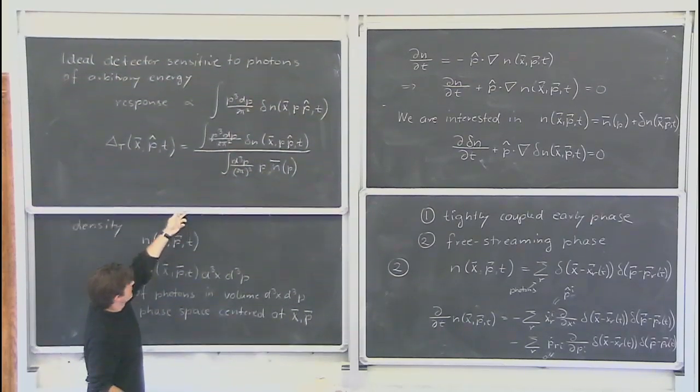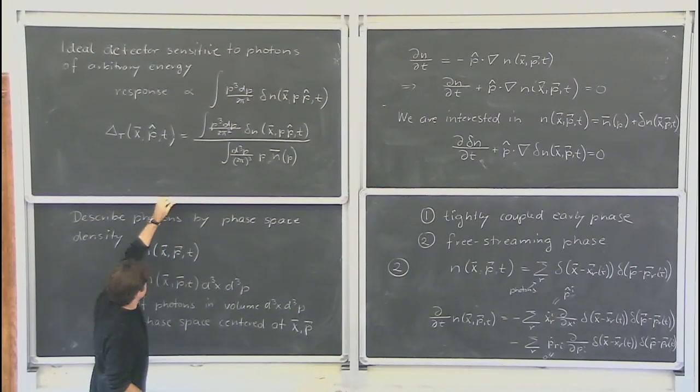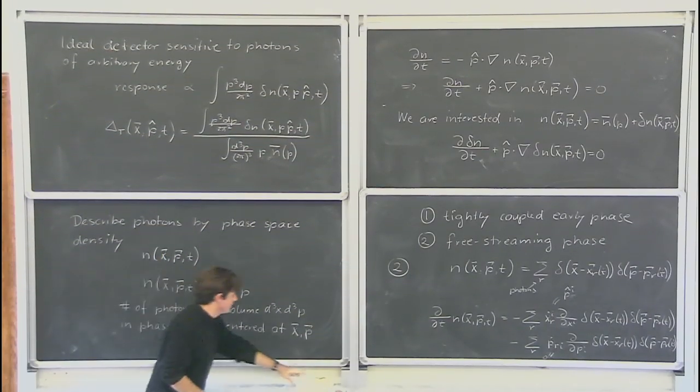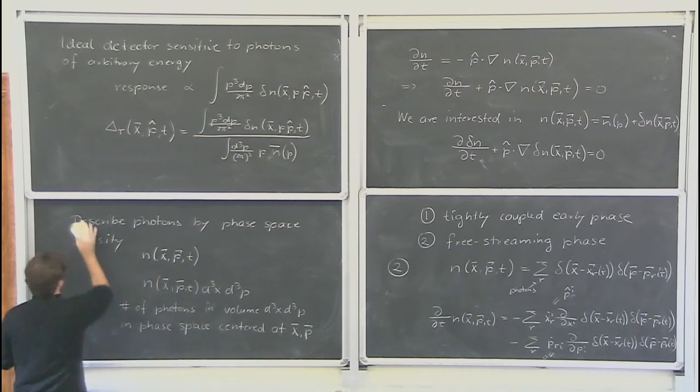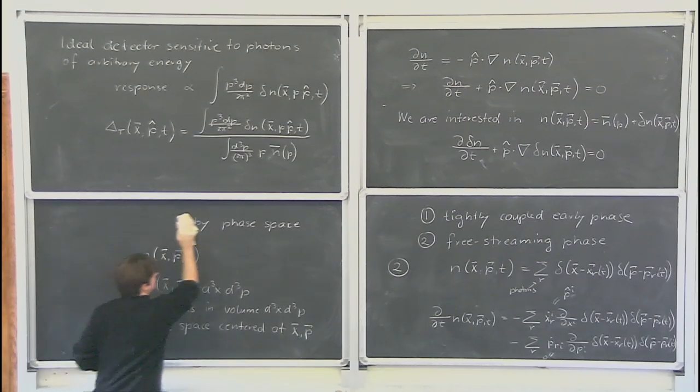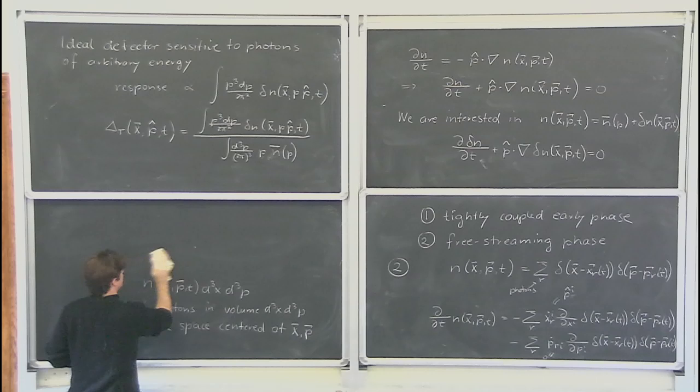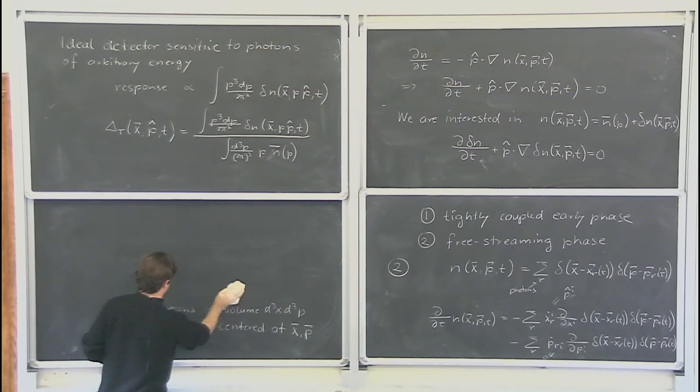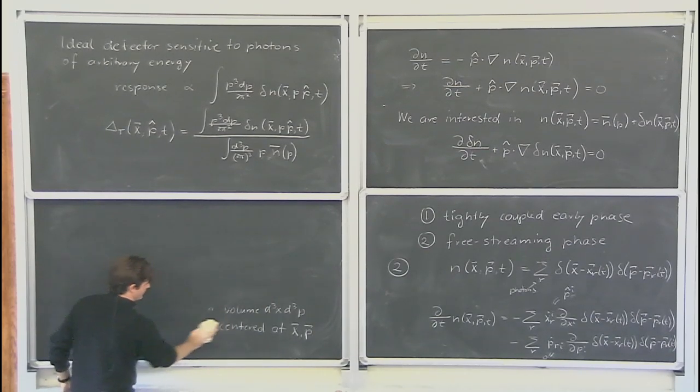So this registers the temperature fluctuations, as we'll see. To understand this quantity a little better, let's first see what happens if you average it over all directions.